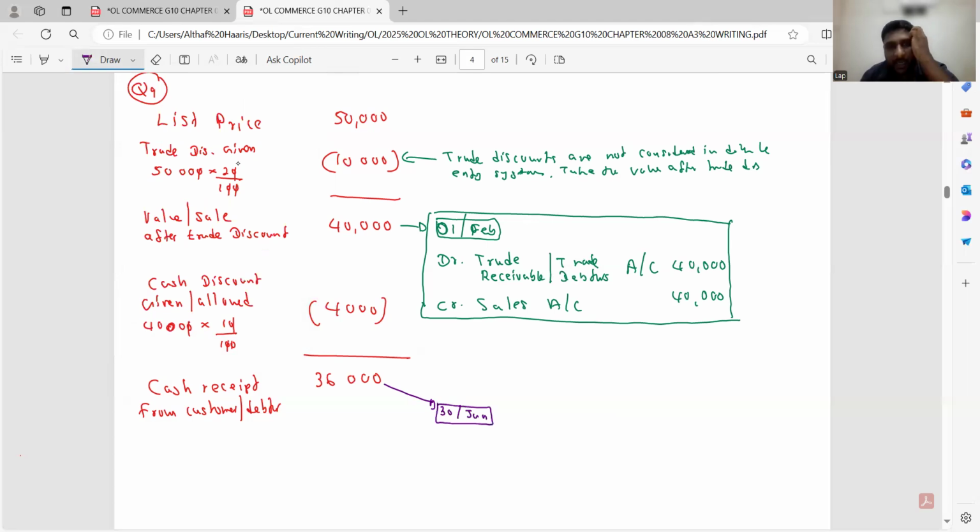You are getting money, so debit the cash account. Credit, your asset is reducing. Receivable asset is reducing now. Trade receivable or trade debtor account 36,000.